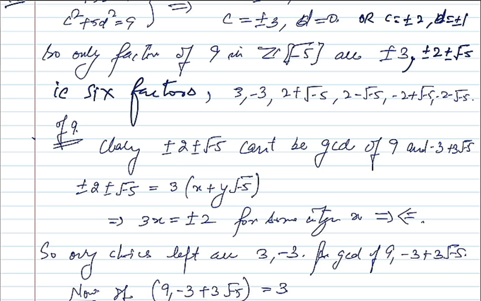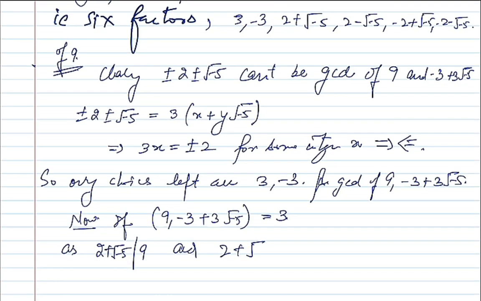Now, 2 plus square root minus 5 divides 9, and 2 plus square root minus 5 divides minus 3 plus 3 square root minus 5. How?